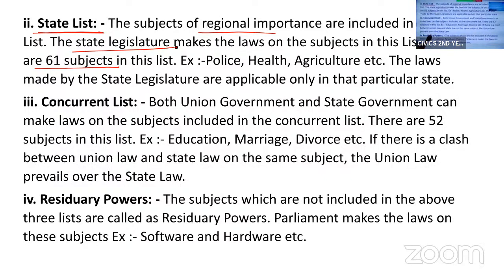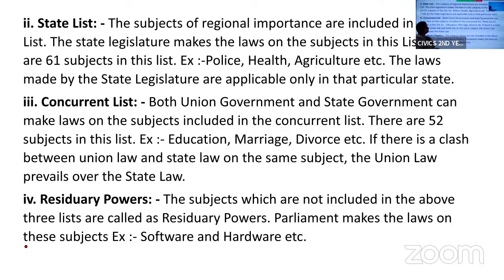The 61 subjects include police, agriculture, health, etc. Those laws are applicable only in that particular state.